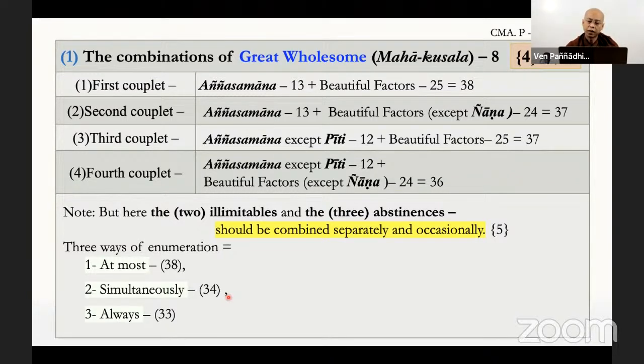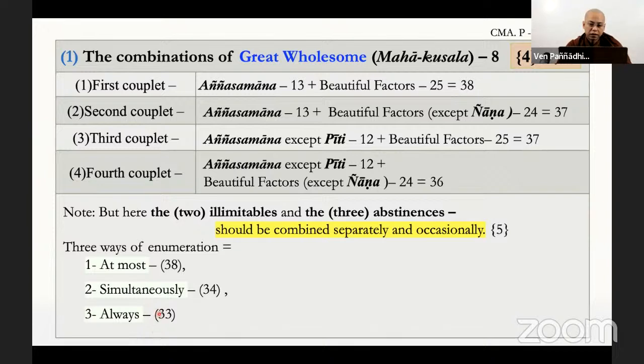This slide is enough, you can count in a different way. For the fourth couplet, you can count 36 at most, and how many simultaneously? 32, and 31 always, like this.